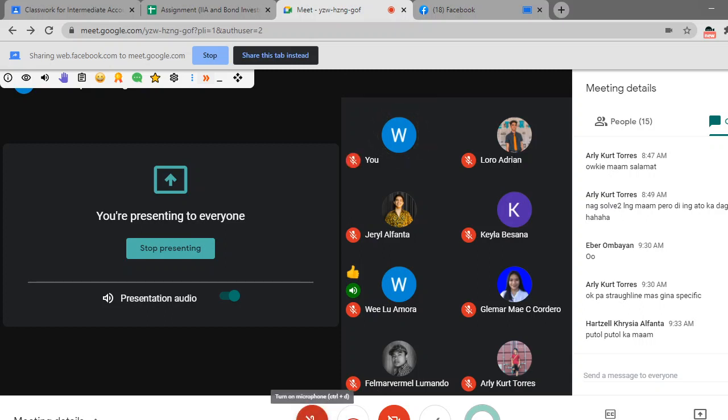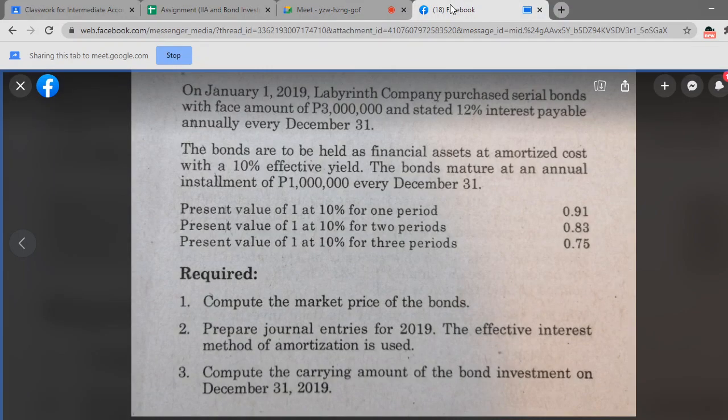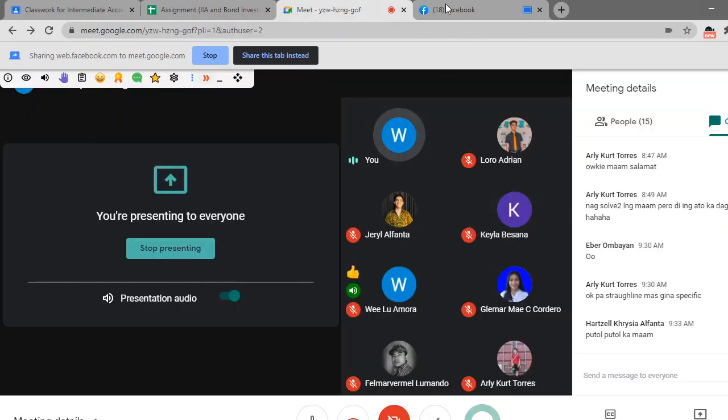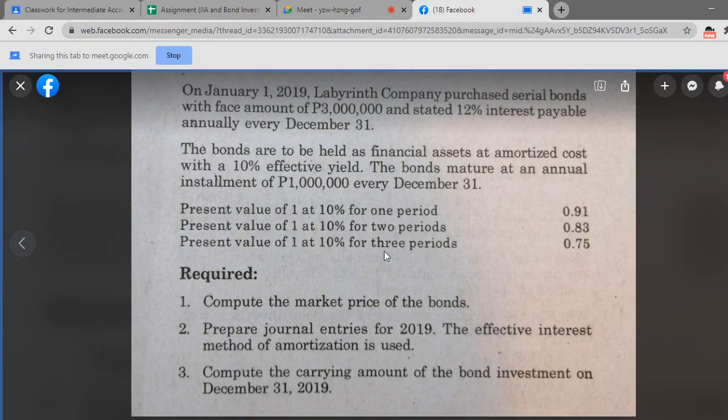Hello everyone, hello guys. Nobody answered? How do you compute for market price?